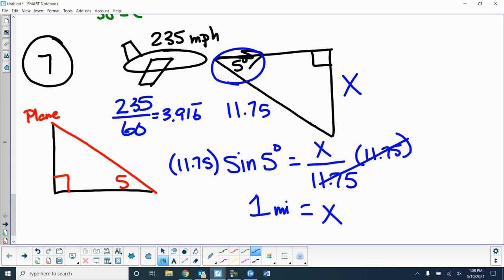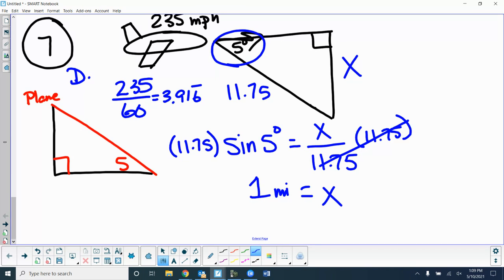Choice letter D. Okay. So as it's traveling at a little bit of an angle going down towards the airport, in 3 minutes, it dropped a mile. It was pretty high up there. A mile, what, 5,280 feet?